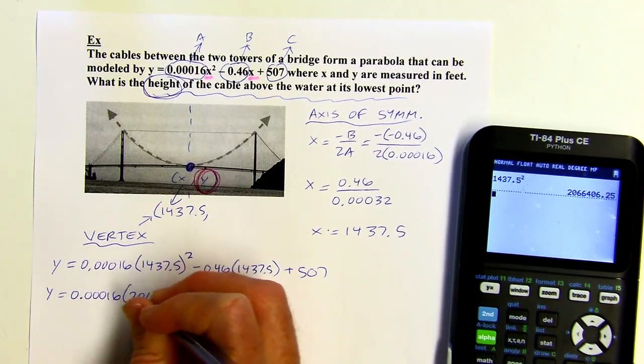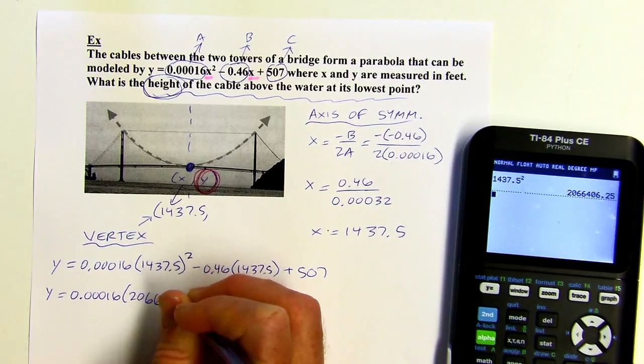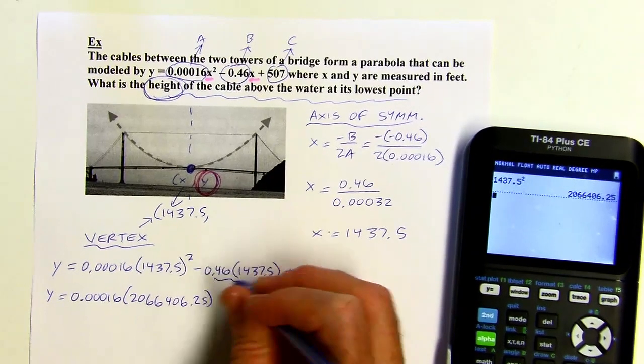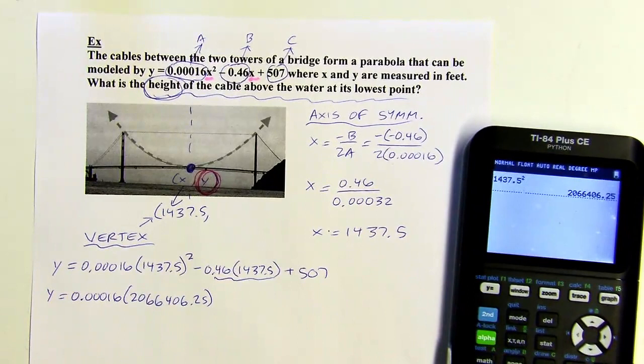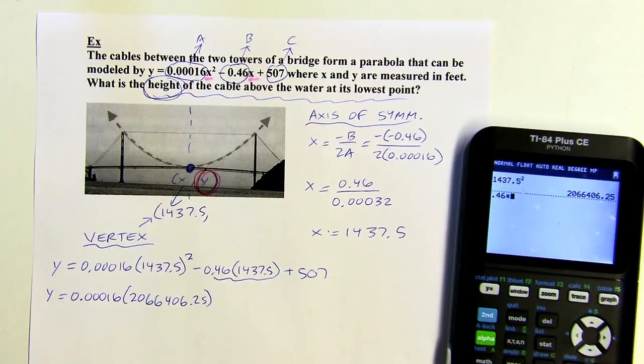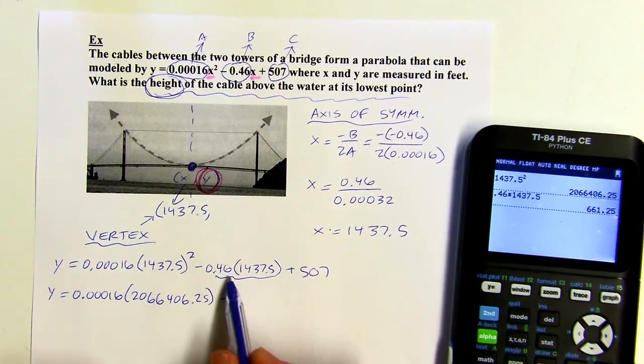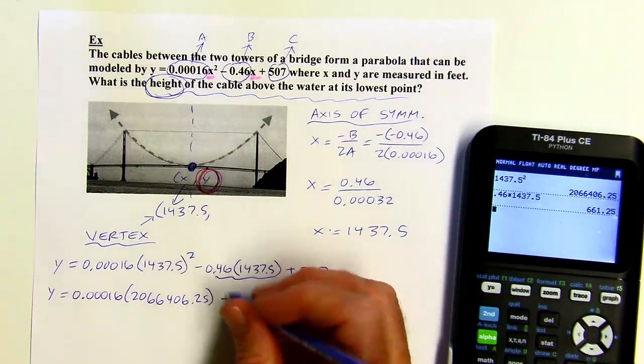So I'm using PEMDAS here. I did the exponent first. And I'll multiply these together while I'm at it. So 0.46 times 1437.5 is that. And we're subtracting that, right? So it's going to be negative here because I got a negative times a positive.